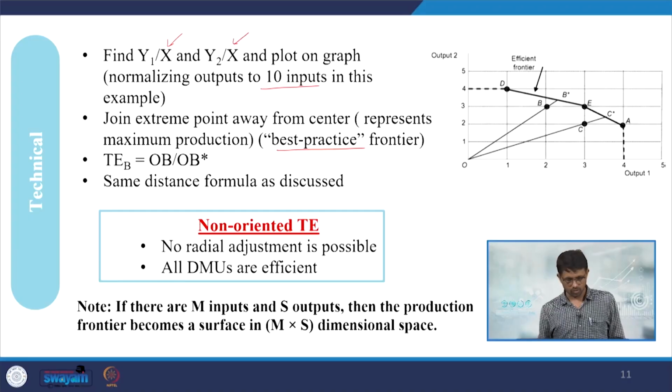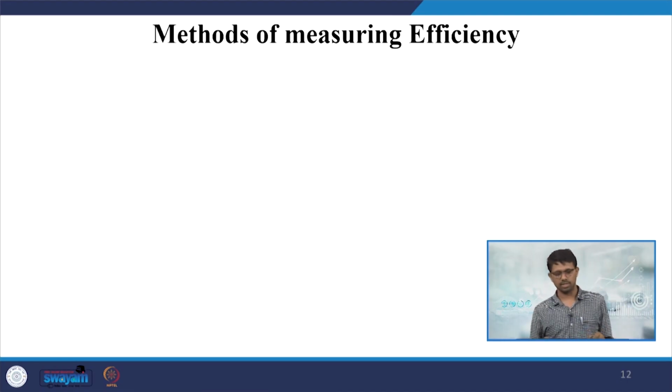Okay. So, repeating once again, we have derived in this case for the B firm, the B DMU is OB by OB star. So mark the difference, and accordingly we will calculate and compare each of the DMUs and find out which one is indeed the best.